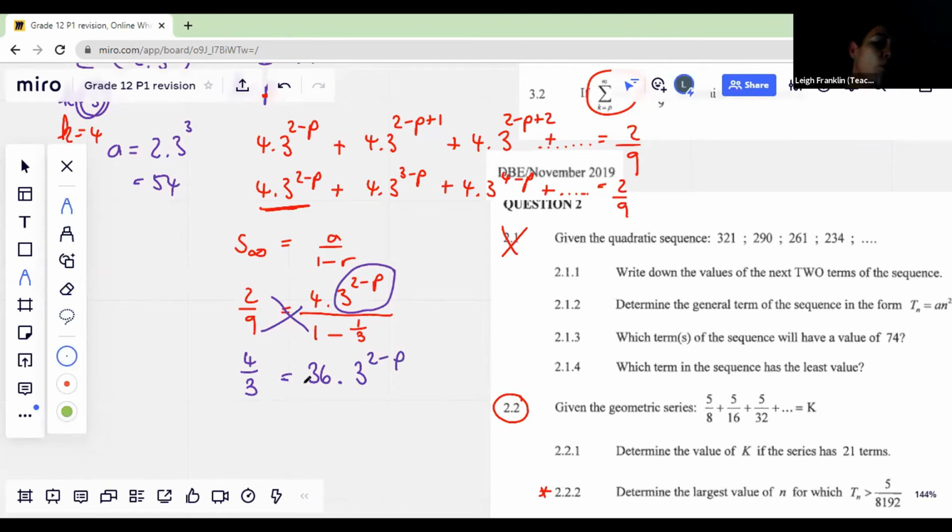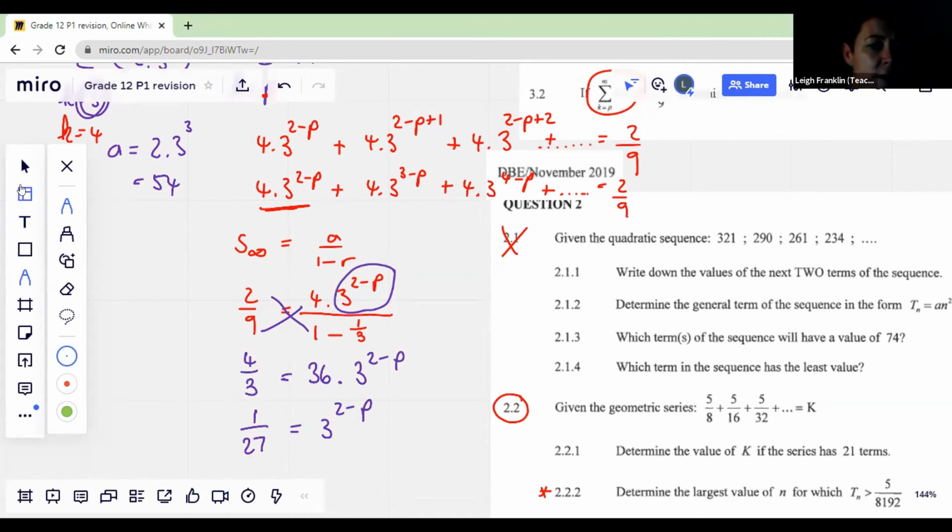Now what do we need to divide both sides by? 36. We need to divide both sides by 36, quite right. So now what we end up with is 1 over, do you guys get 1 over 27? Yes, ma'am. All right, excellent.